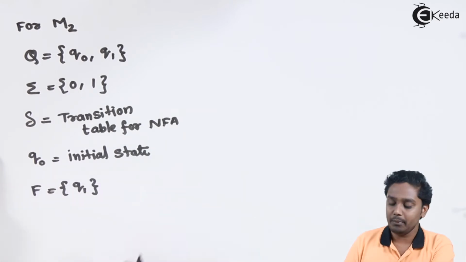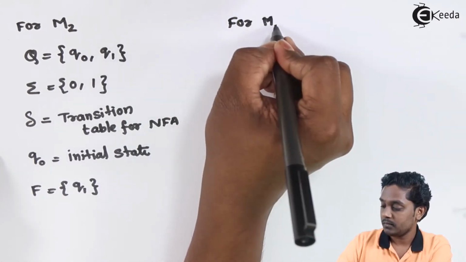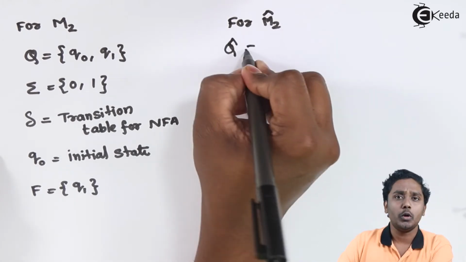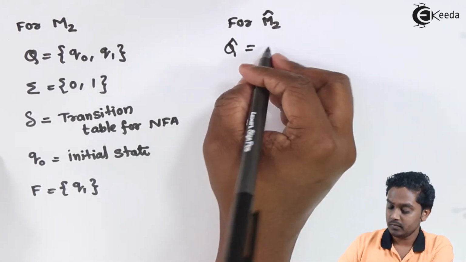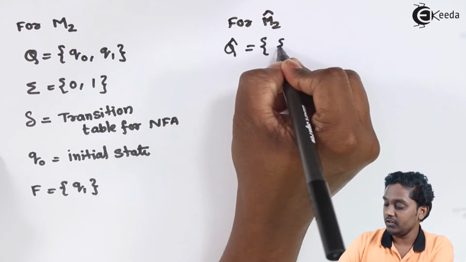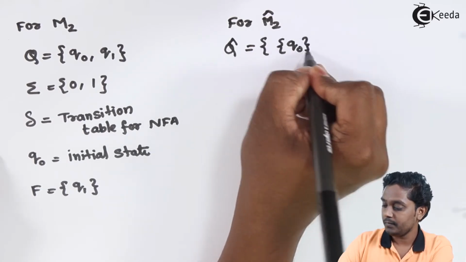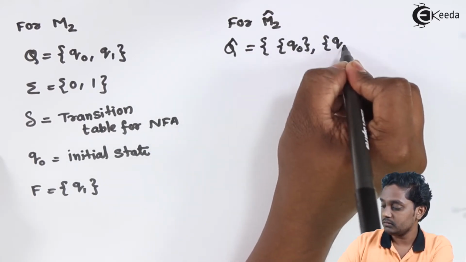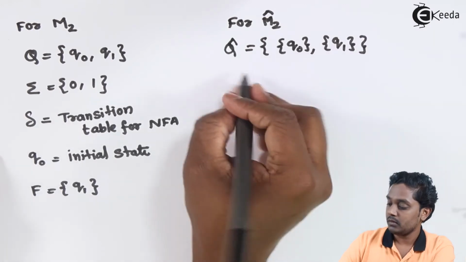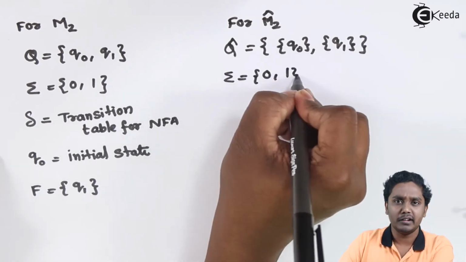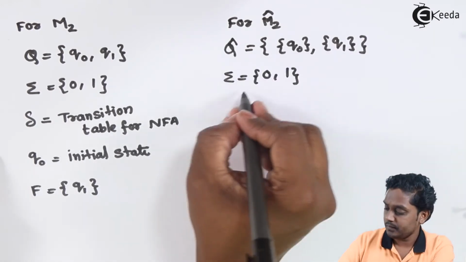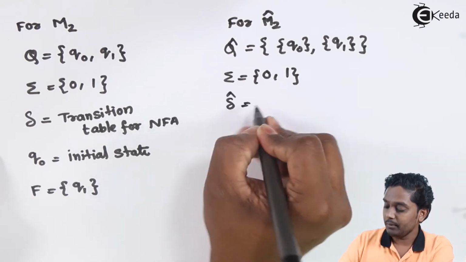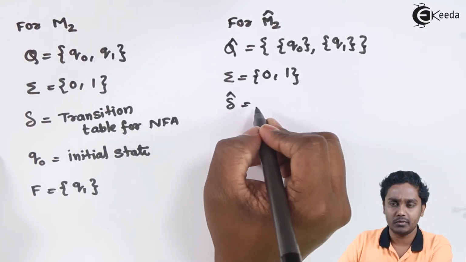Similarly, for M2 cap, Q cap is a set of states. In this case, it is Q0 and Q1. Sigma is the binary alphabet 0 and 1. Delta cap is the transition function for the DFA.